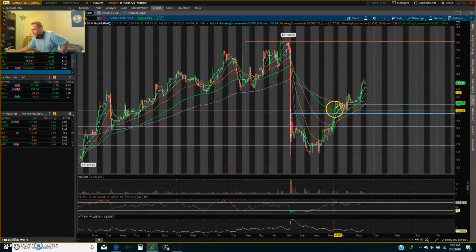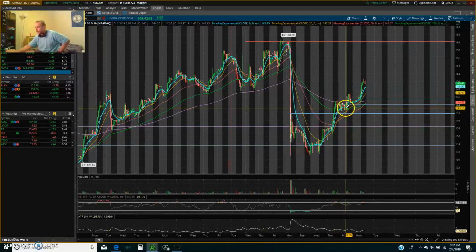Gapped up the next day, I sold one for an 80% gain. I had one riding. I failed to mention this in the other video, but I added another contract here, and these are just options, guys. But for now, we're gonna keep it simple. I'm not gonna get into details, but I'll just give you the overall profit and loss at the end.